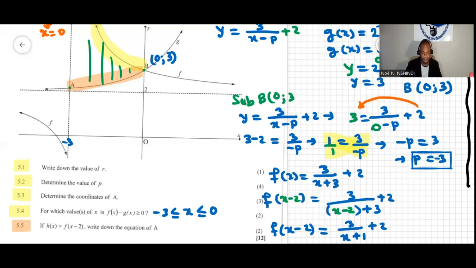That's the equation of h of x. So this is h of x. Something like that. Well, thank you.